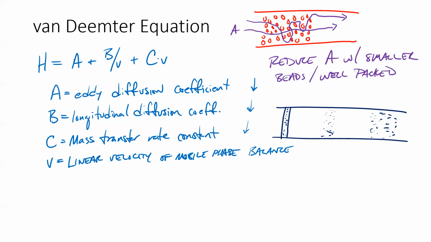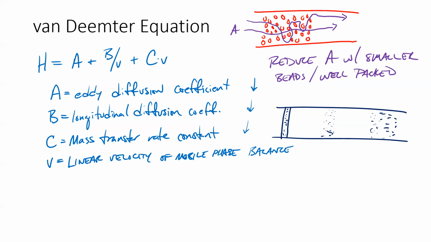I kind of equate this one to 5-year-olds at the zoo. If you just let them go, they're going to spread out all over creation. You've got to have a couple of chaperones herding them along if you want them to stay in a group. And so this is why it goes like 1 over v.